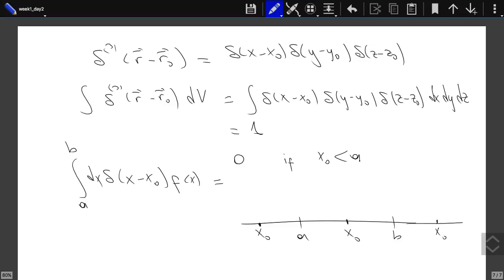We are just integrating 0 over some finite interval. That gives me, again, 0. Then first let me write the answer in the other case. And now let's see why.